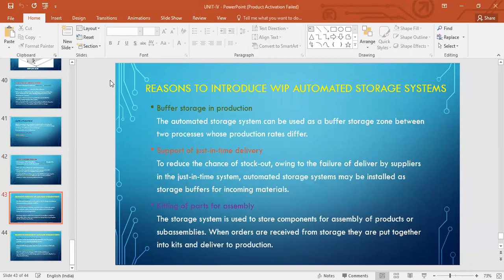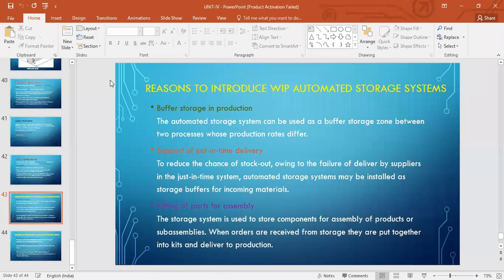You see, what are the reasons to introduce work in process automated storage systems? Buffer storage, we already discussed, right? Analysis of transfer lines with buffer storage. So a buffer storage is basically where you store it.